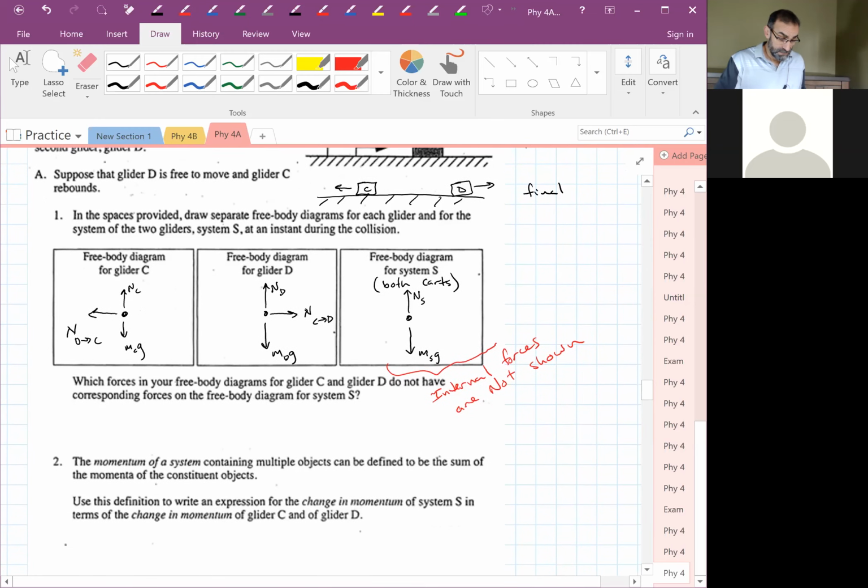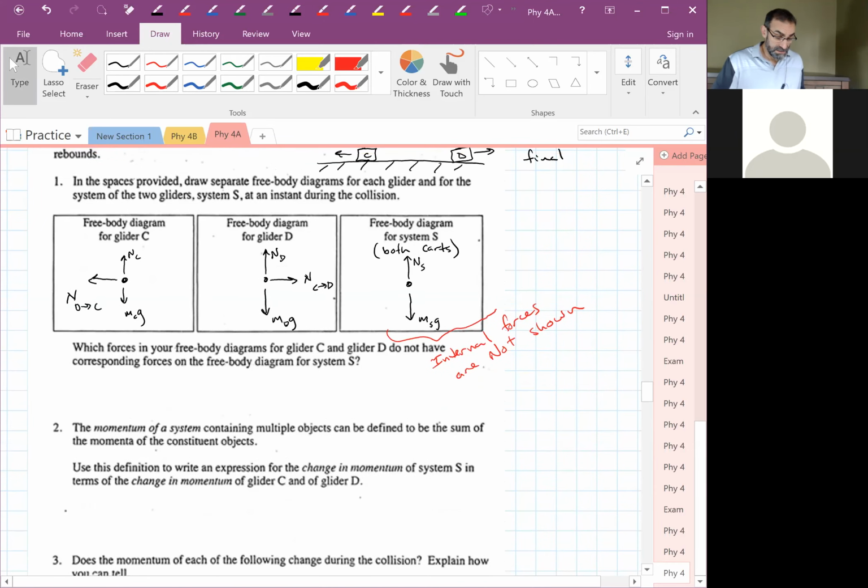Okay, so it says the momentum of a system containing multiple objects can be defined to be the sum of the momentum of each of the parts.